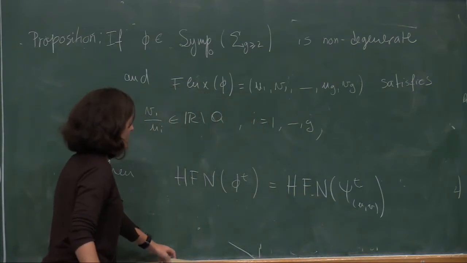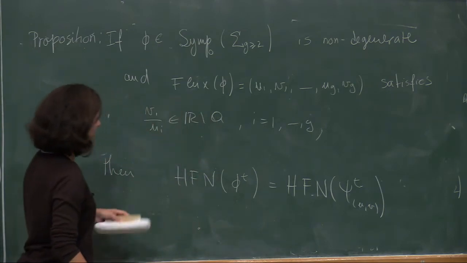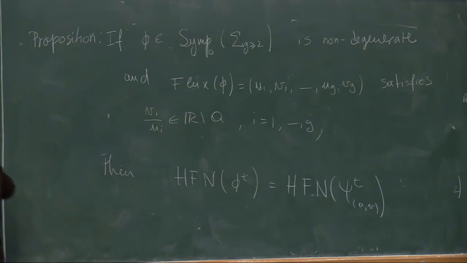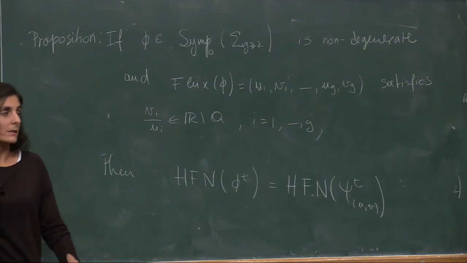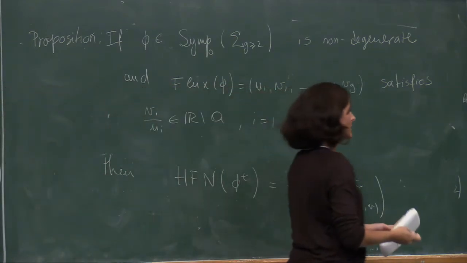Okay, so now with this information, I know it is trivial in degree non-zero and has rank 2g minus 2 in degree 0.